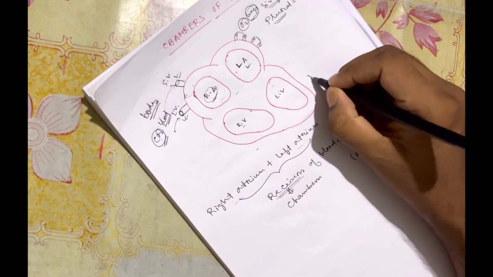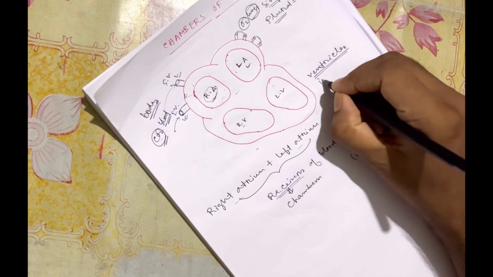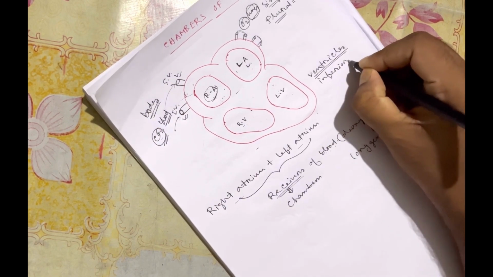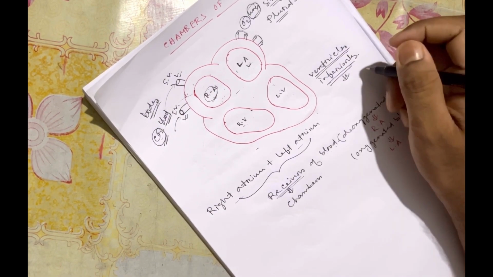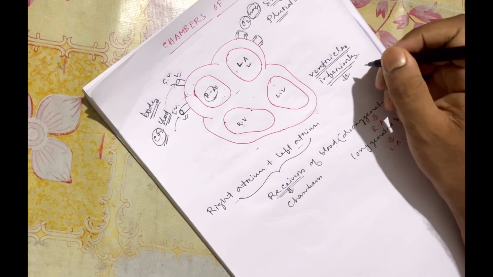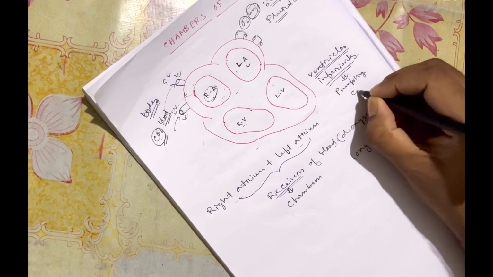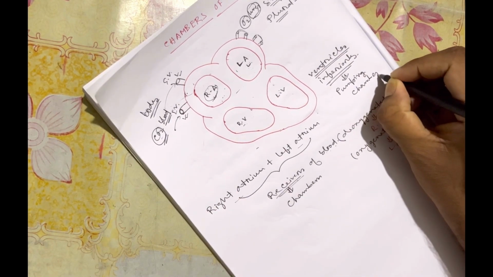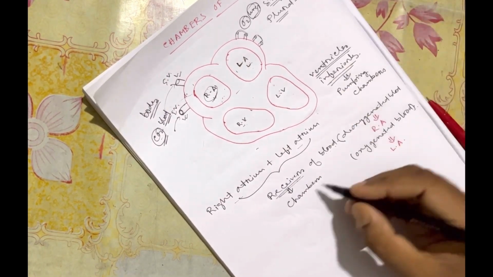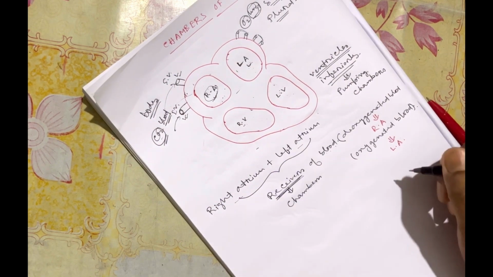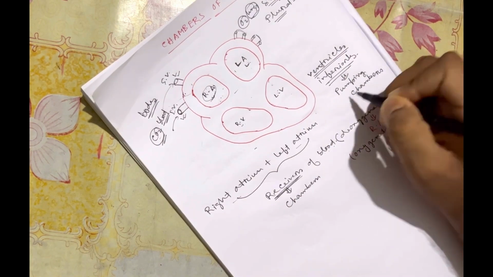And these two ventricles are present inferiorly, and they are basically called pumping chambers. Both atria are called receivers or receiving chambers. So why are both ventricles called pumping chambers?